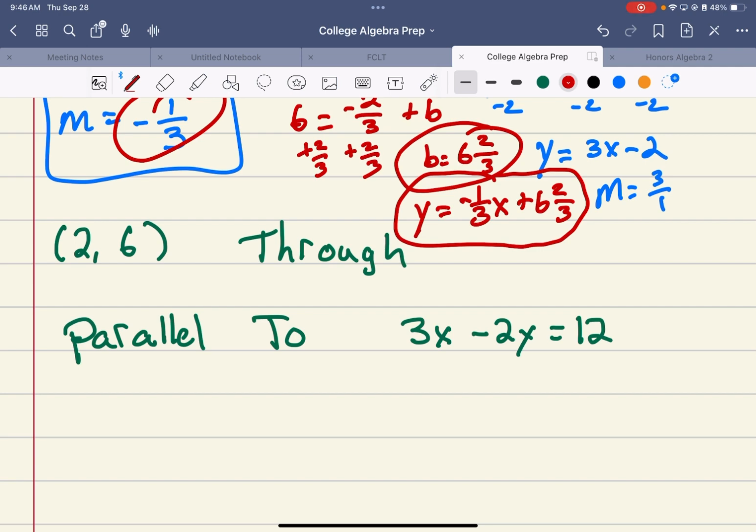So go ahead and write the equation of a line that goes through 2, 6, but is parallel to 3x minus 2y equals 12. So find the slope first of this one. Parallel slopes mean they're the same. Then use that slope and the through point to find your b, and then write your equation.